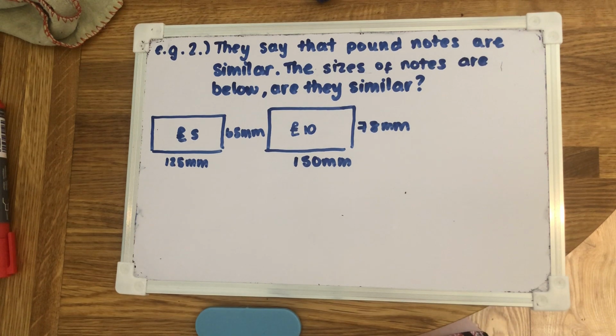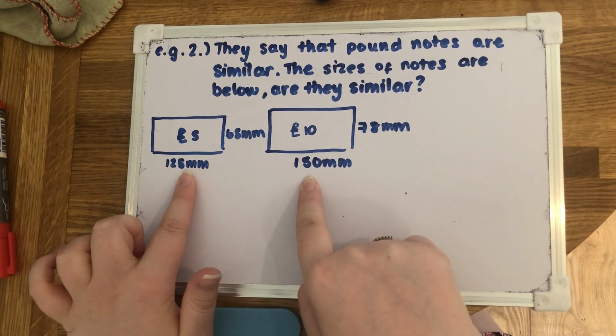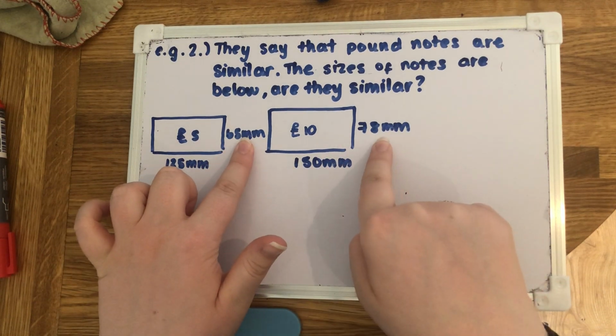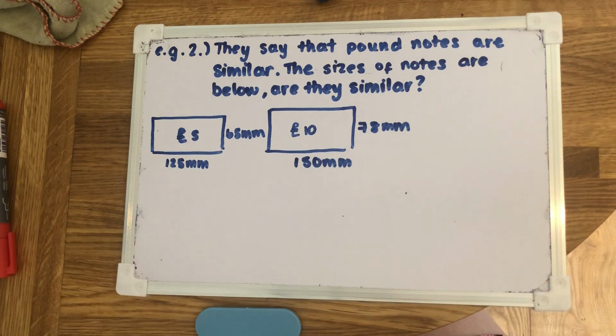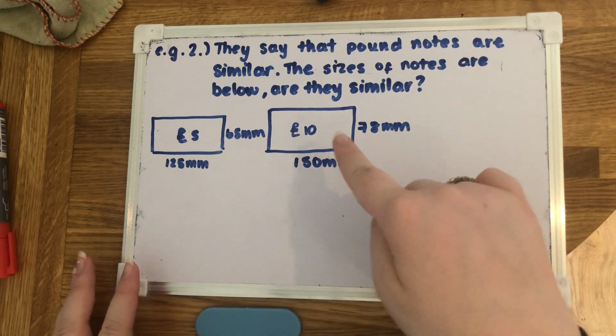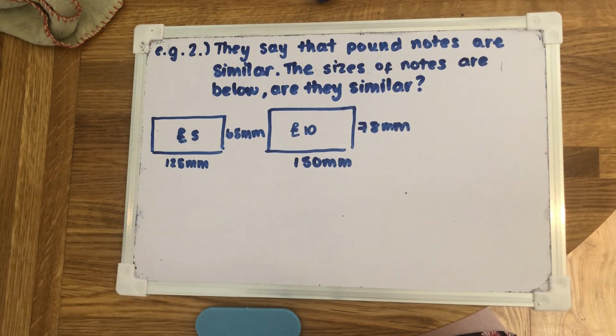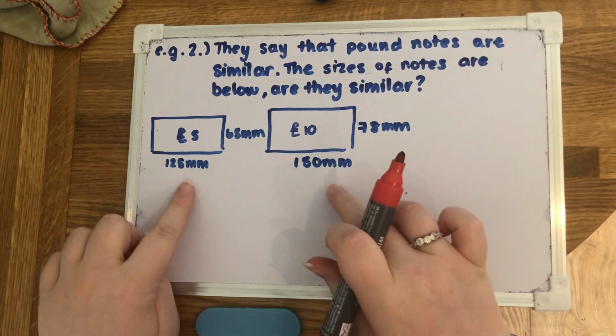Are they similar? The way to do it is we need to see what the scale factor is to get from here to here, and the scale factor to get from there to there. If they are the same, then we know that they're similar. If they're different, then they're not similar, because it means that the one side is getting bigger quicker than the other. So we're going to start with the bottom numbers.